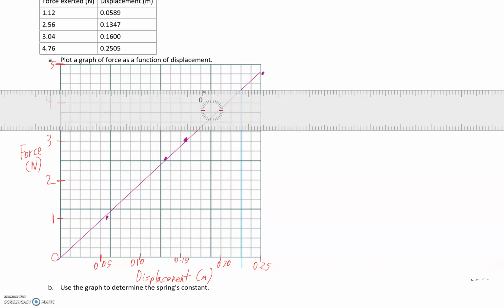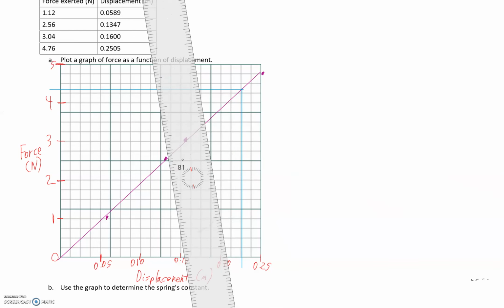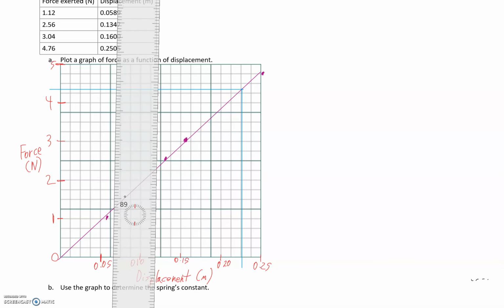And then there's the other value. We'll get to using those in a second. Let's go ahead and pick another spot somewhere around here.